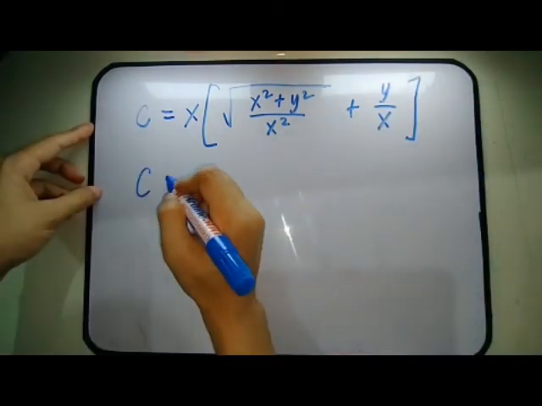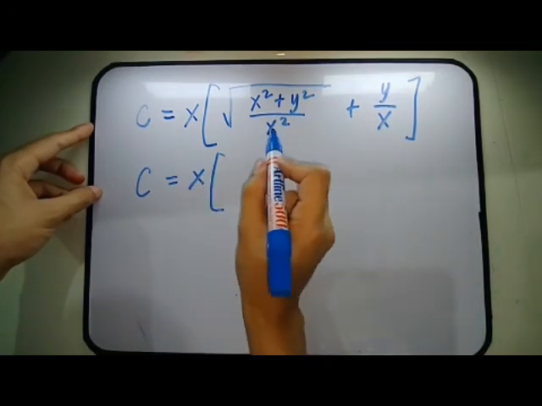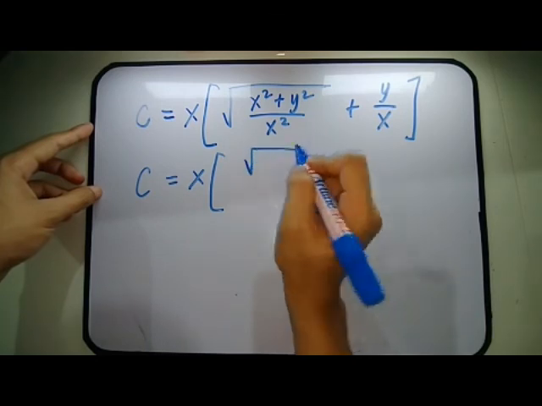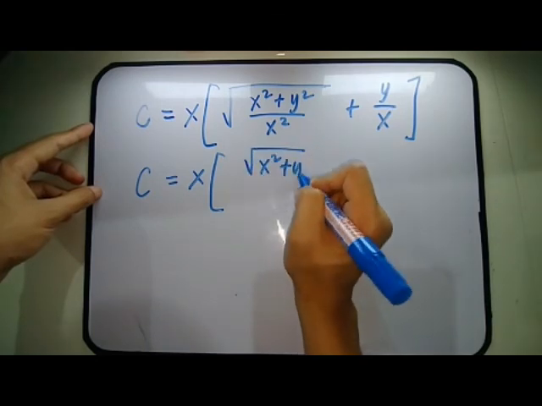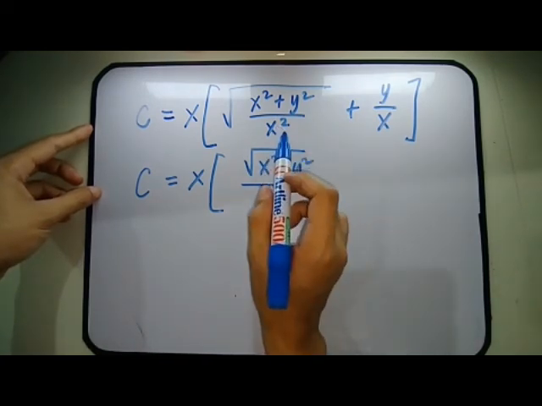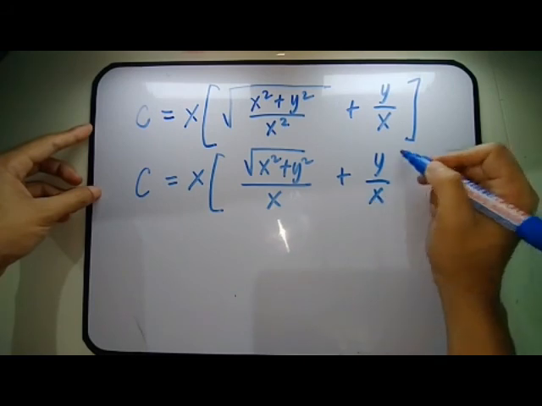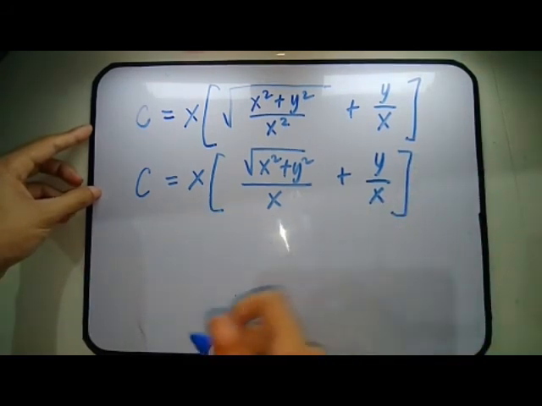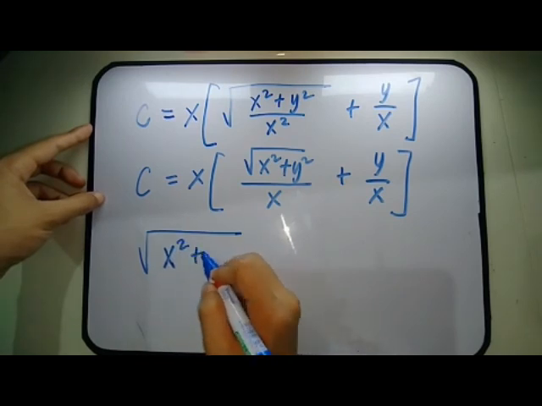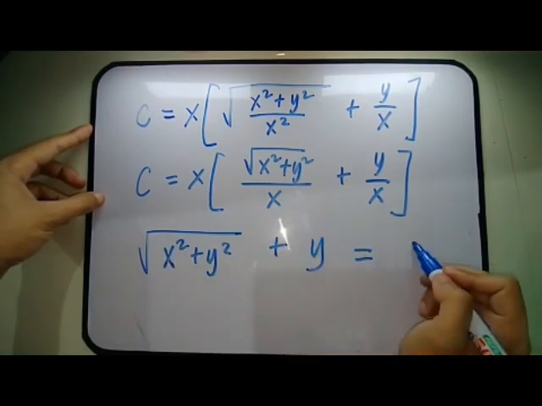So, here we have c equals x times the quantity, so x natin guys, ilabas natin, so square root of x squared plus y squared all over x. Ilabas natin yung square root of x squared. So, plus y all over x. So, yung x, cancel na siya, times. So, magiging square root of x squared plus y squared plus y equals c.